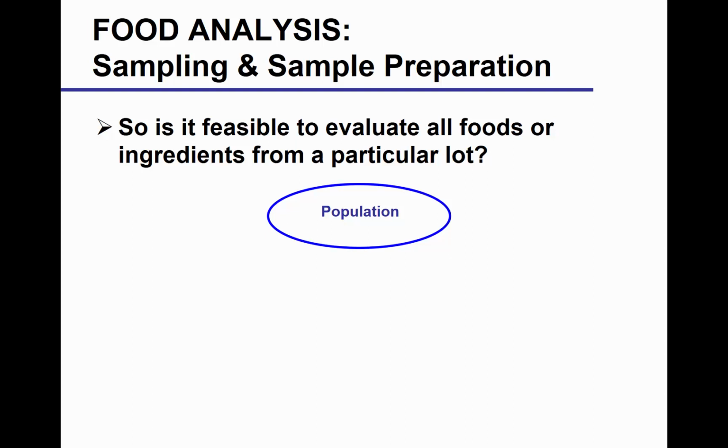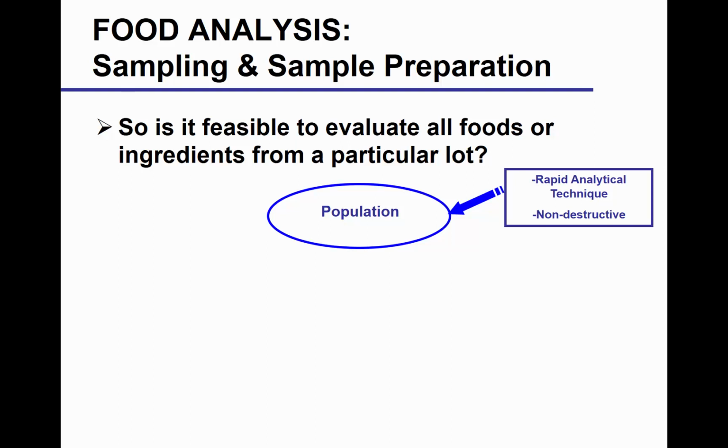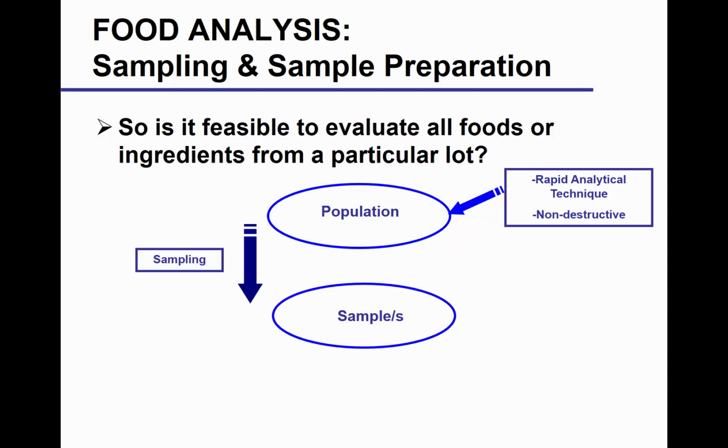Is it possible to take 100 tons of grains and sample them all? No. Unless it's a rapid, non-destructive analysis, like screening for metal through a metal detector, or color or sorting, you might test the entire population. However, 99% of the time, you have to take a sample.